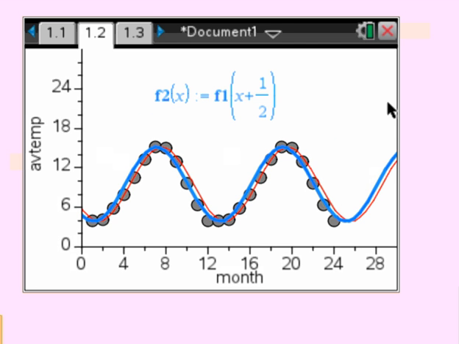So I did that. This effects a horizontal translation to the left of 1/2 month, then it fits a lot better. Part of mathematical modelling is tweaking the model to try and make it fit as best you can.